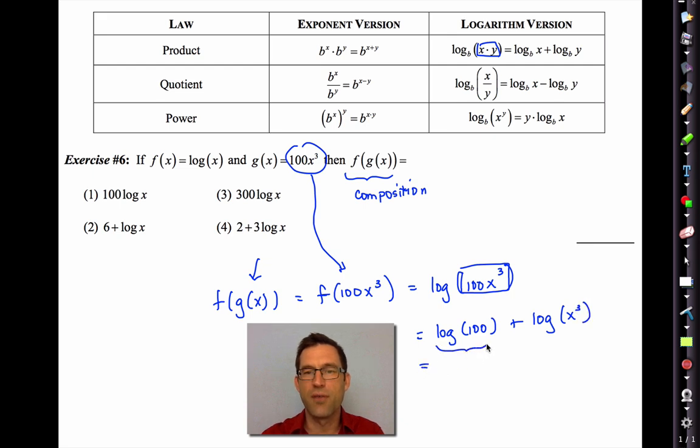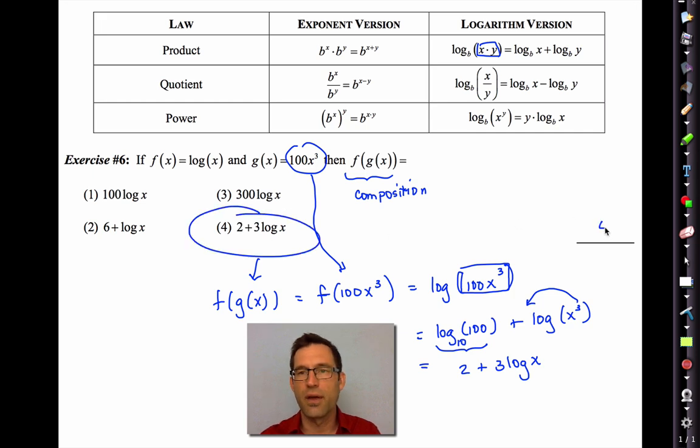In which case the log of 100, that I can do something with, right? That's 2, right? 10 squared is 100. And for this, now I can bring that exponent out, 3 times the log of x. So there it is, 2 plus 3 log x. All right, combination of composition and log laws. Okay, pause the video now, write down what you need to.